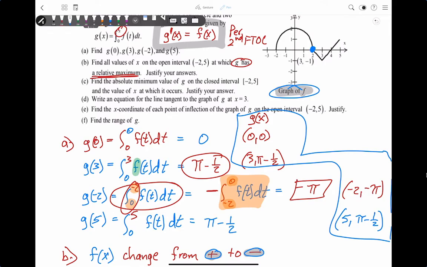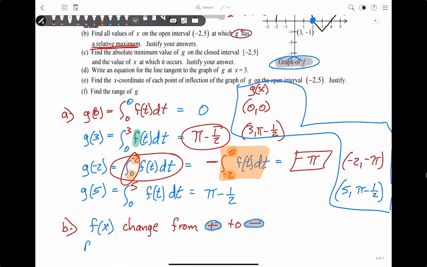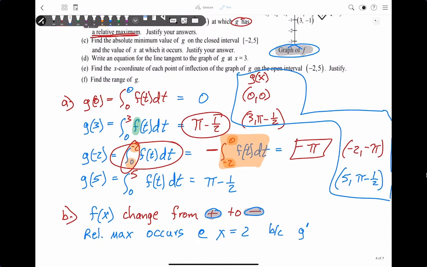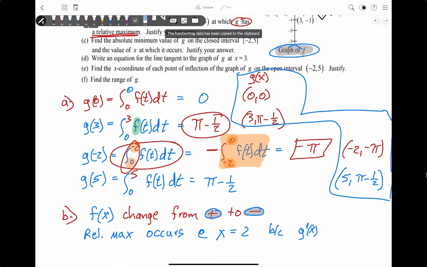Okay, so y value interpretation, that's changing from a positive y to a negative y value. Okay, so we're going to say for part B, a relative max occurs at x is equal to 2 because, and you can do either one, g prime of x changes from positive to negative. I'm just going to save a little bit of time by just copying this over.